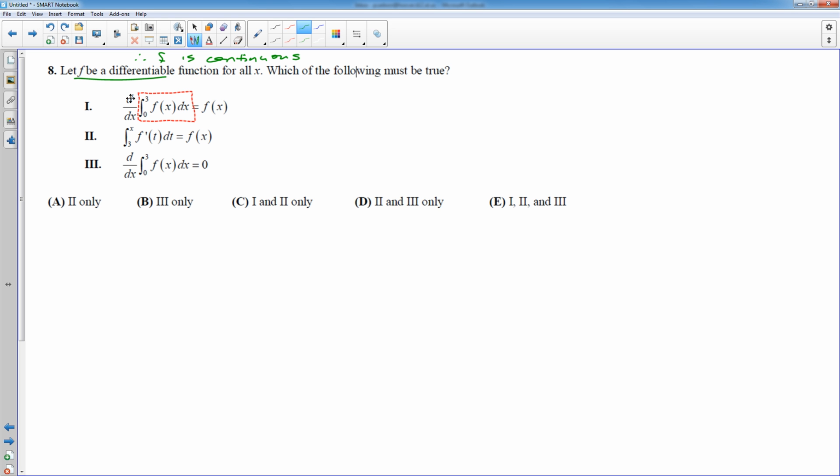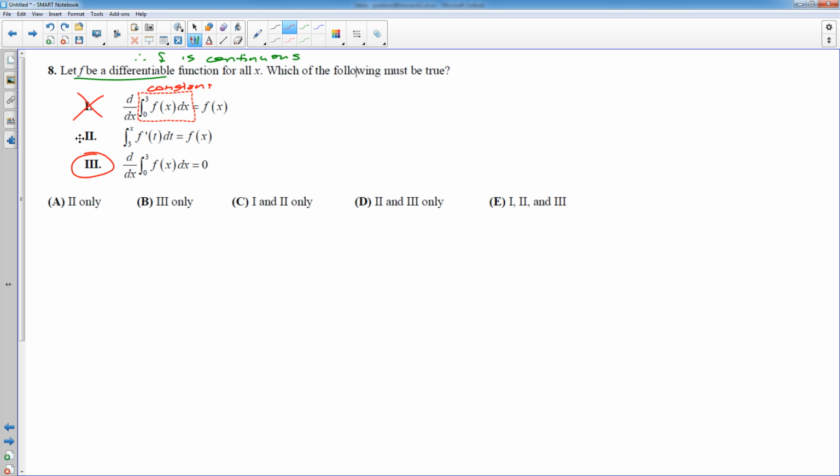If you have a continuous function, anytime you do a definite integral, you will get a constant answer. And the derivative of any constant would actually equal 0, not the original function f. So 1 is not true. And actually number 3 is the exact same thing, except that does equal 0, so we know 3 is true.